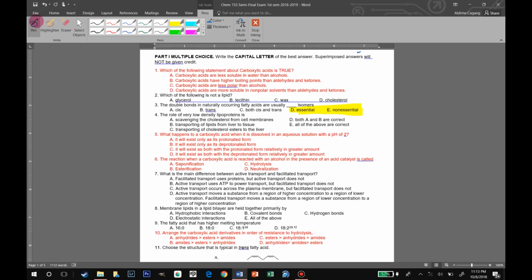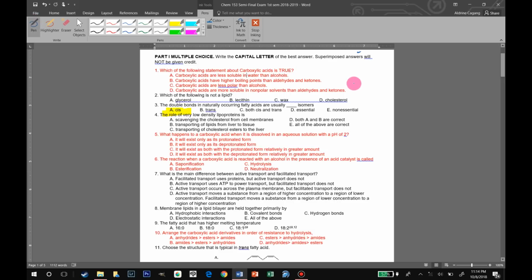You have here double bonds, which refer to the alkene functional group. You can have two isomers, the cis and trans isomers. So for fats and fatty acids, the naturally occurring isomer is going to be the cis isomer. Cis, wherein both of the groups that are bonded to your double bond are on the same side.